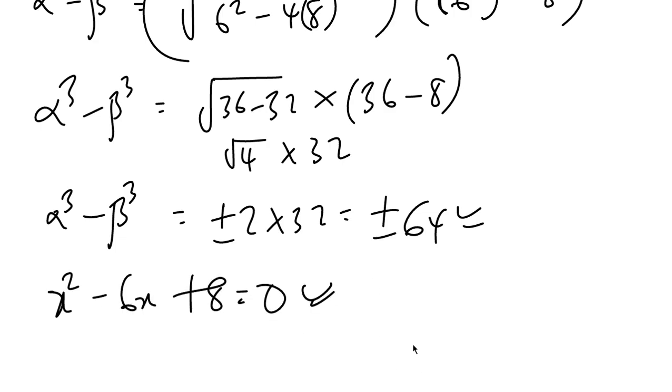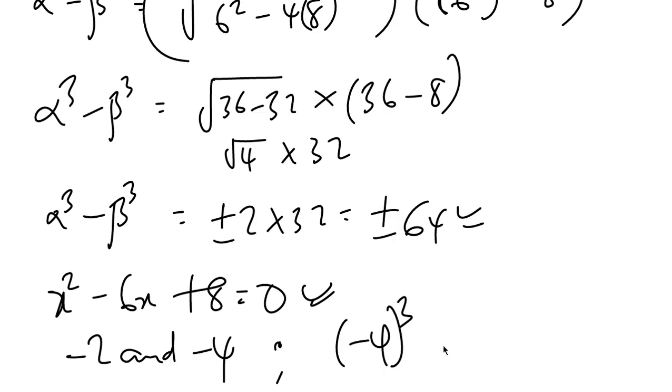And if you solve this equation quadratically, you will see that the roots are minus 2 and minus 4. So if you find the difference between the roots, it will be minus 4 raised to power 3 minus minus 2 raised to power 3. You get? Sorry.